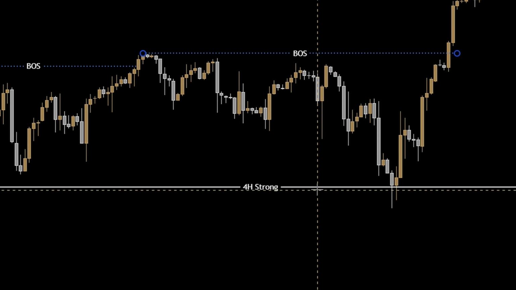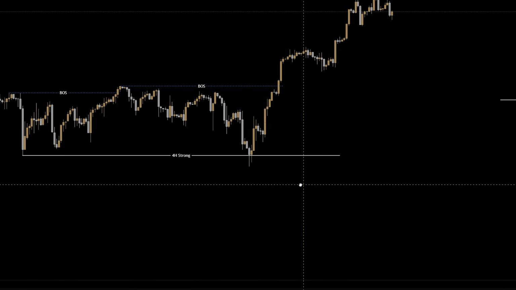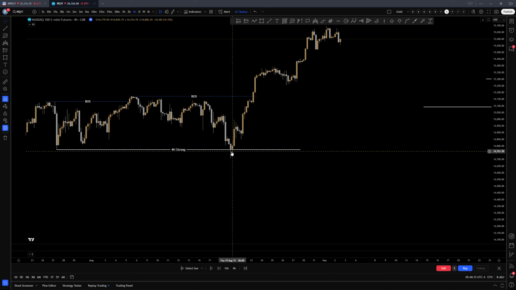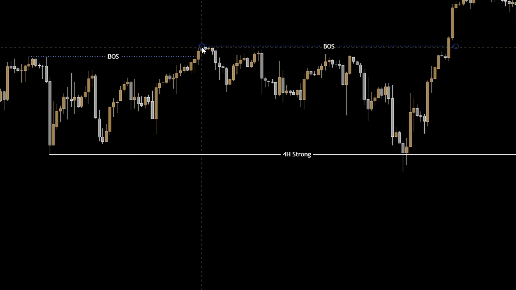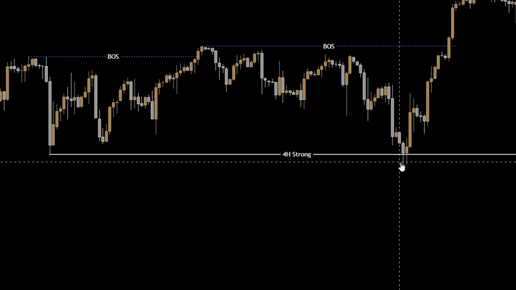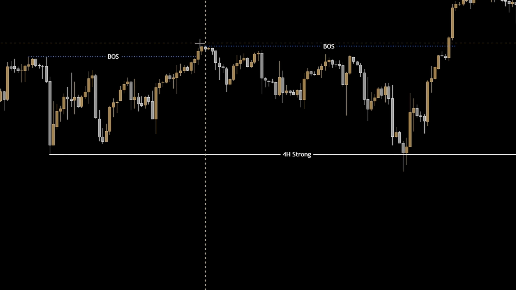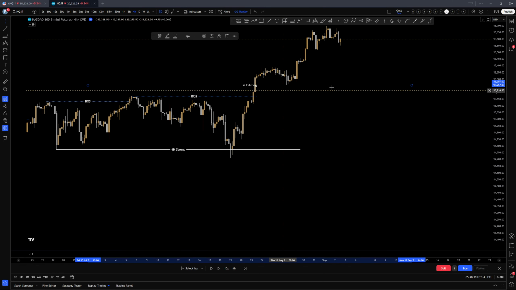So we haven't yet turned bullish because we haven't broken this strong structure. Okay, we've only wicked it. And wicks are weakness. And weakness is failure. And that normally means that whatever failed to do its job gets targeted. So now if we look back at this high and we say, well, it failed to do its job of putting in a new low because it didn't close below here, what does this become then? It becomes weak.